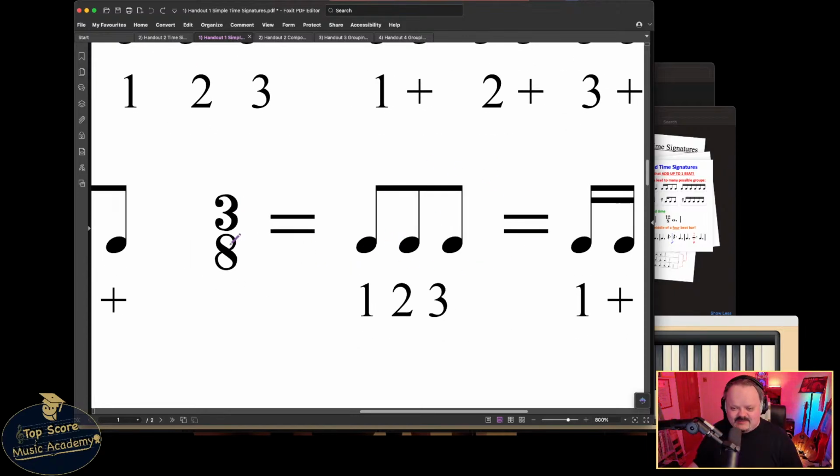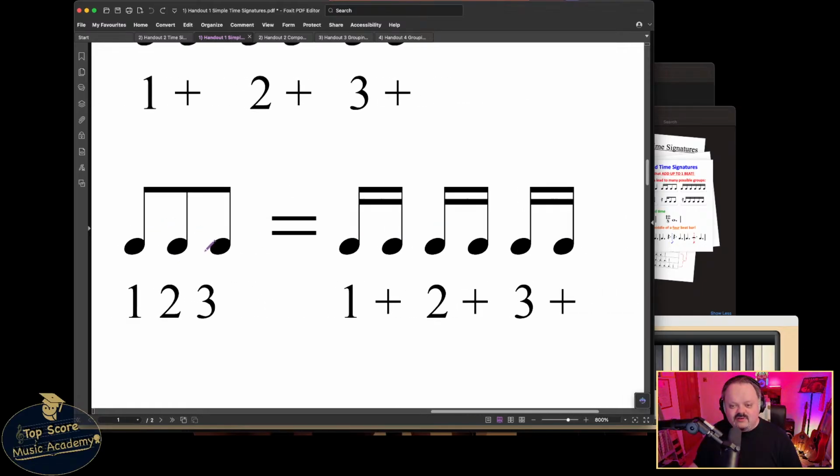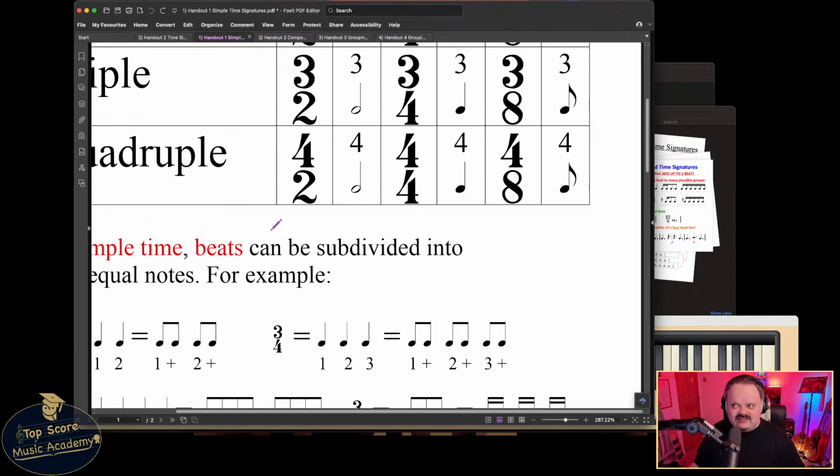But 3/8 is simple because it has a 3 at the top, and each one of those quaver beats can be split into 2 semiquavers, or each one of those eighth note beats can be split into 2 16th notes.